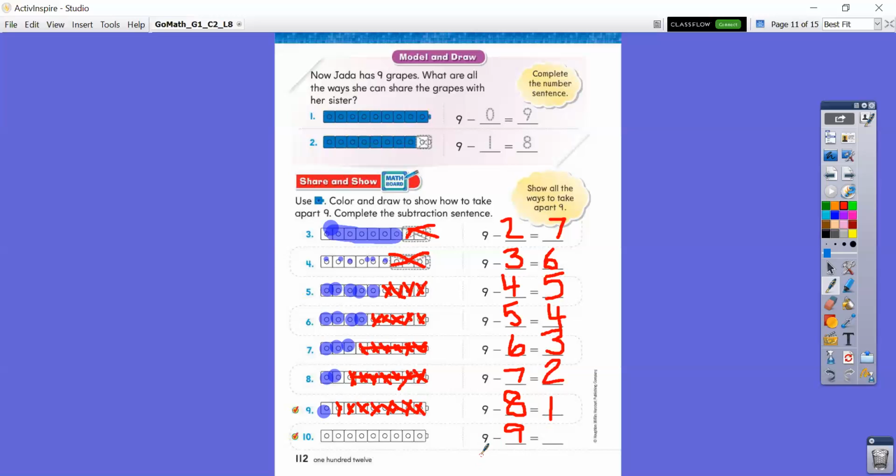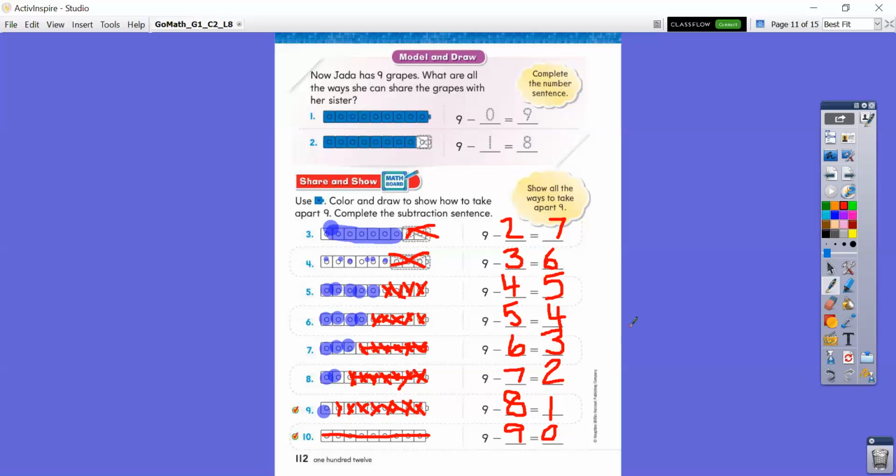If you have 9 of something and you take all 9 away, what's going over here? I bet you know. It's a 0. Let's see how that happens. Okay, so we're going to cross out 9 of them. So I can go right through and go 1, 2, 3, 4, 5, 6, 7, 8, 9. She has nothing left to color blue, so we put a 0 here.